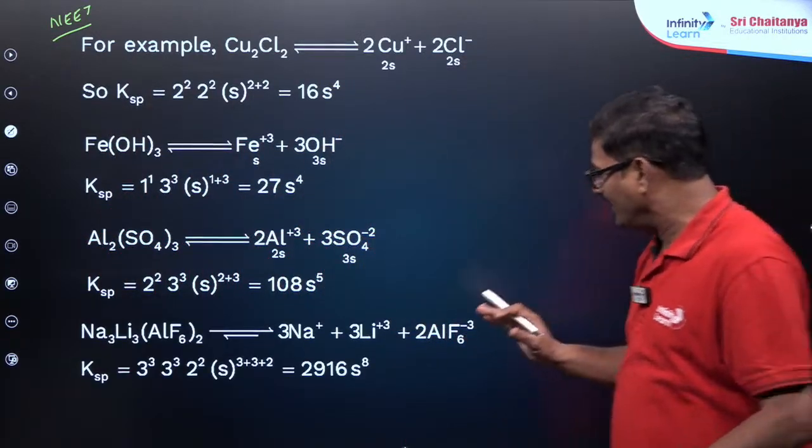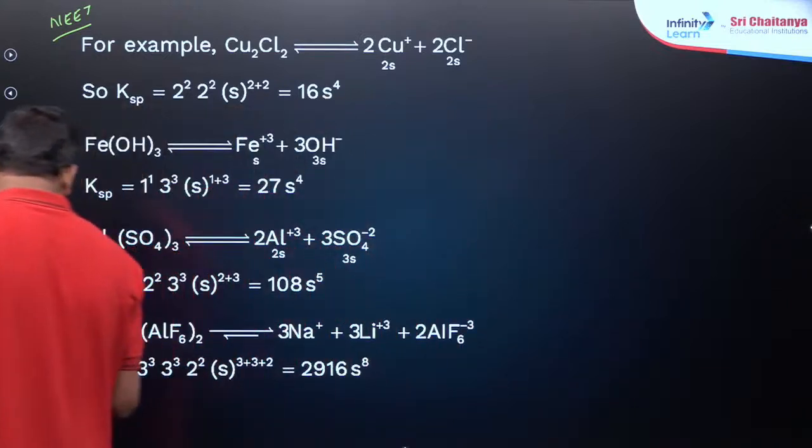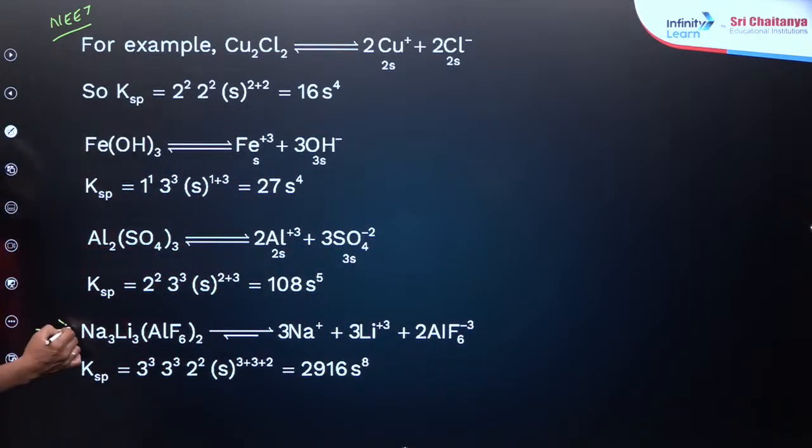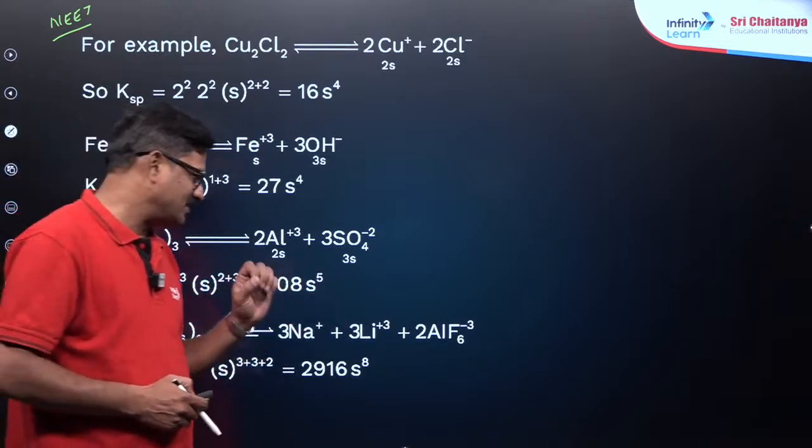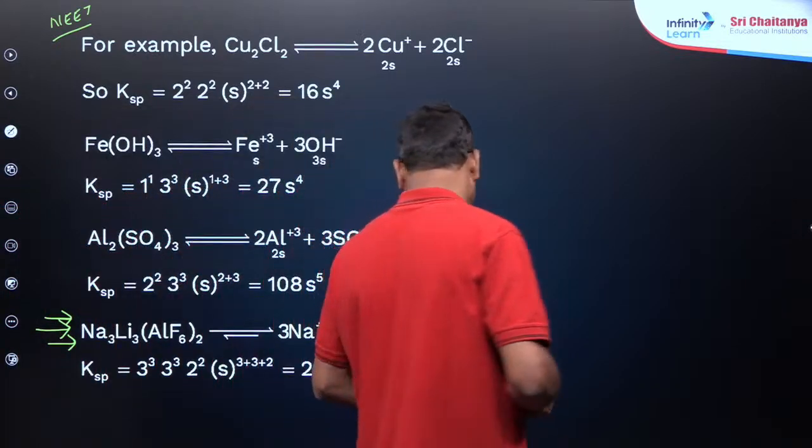And this one is very, very, very important. A more complicated one can confuse you. Now here you can see Na3[AlF6]. It is going to give rise to 3Na plus and 1 AlF6 3 minus.